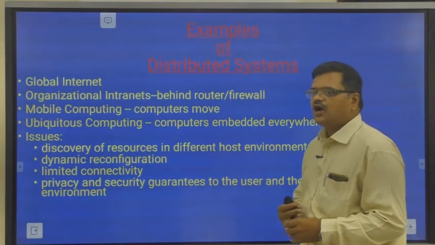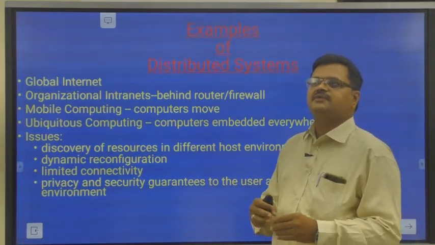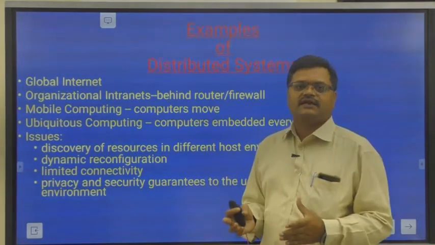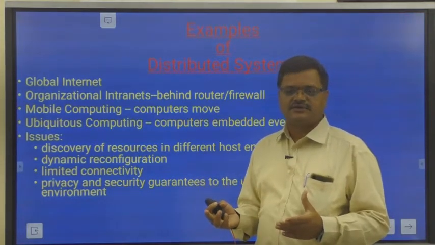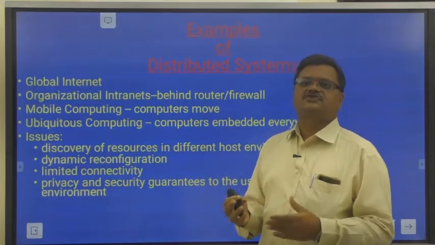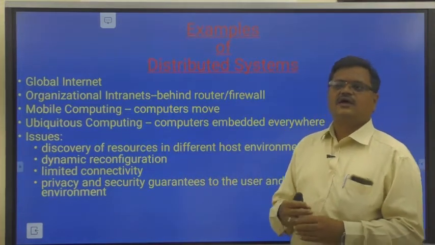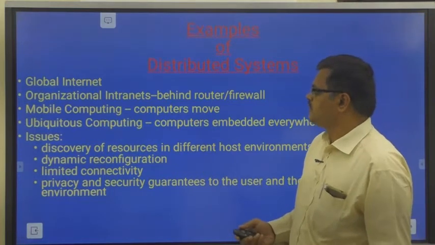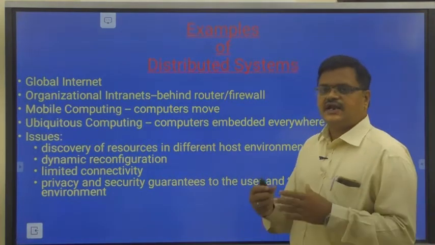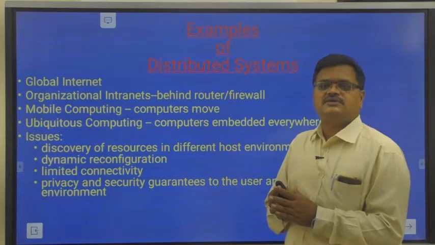The first one is the global internet. What is the internet? The internet is a vast collection of computer networks. That is the definition of the internet. The internet also forms a distributed system. And the intranet: a part of the internet becomes the intranet.